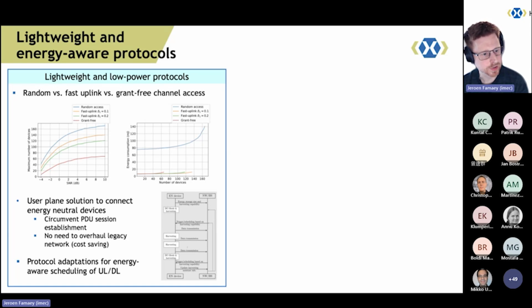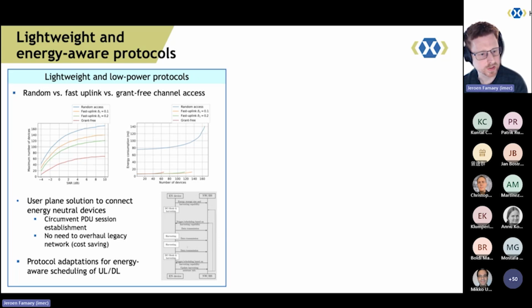We also developed a user plane solution that allows connecting energy neutral devices to the network with less signaling overhead and less need to maintain state. And the advantage of this approach is that it can be integrated with legacy network solutions. So it doesn't require a complete overhaul of the network infrastructure, which of course is a cost-saving method.